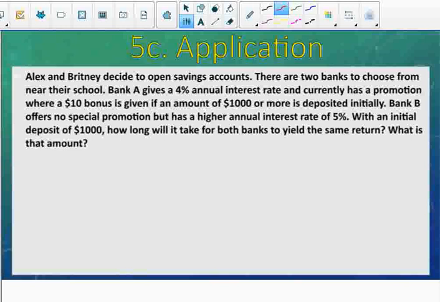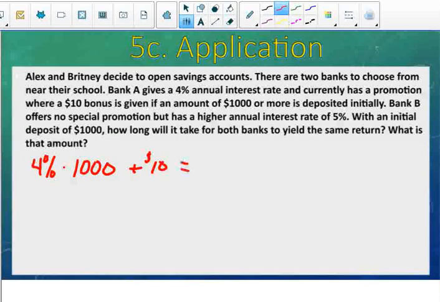So for this one, we're going to do a little bit different. We're not going to graph it. We're just going to take 4%. So for Bank A, you get 4% for every $1,000 you put in. So they've put in $1,000. Plus, they get $10 extra for the promotion: for every $1,000, you get a $10 bonus.